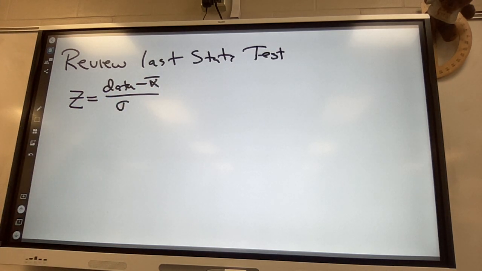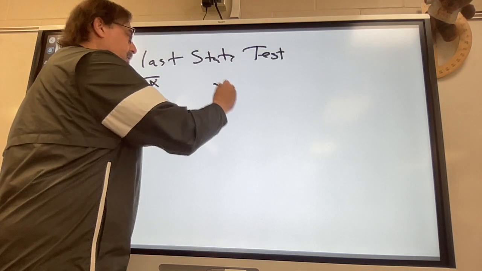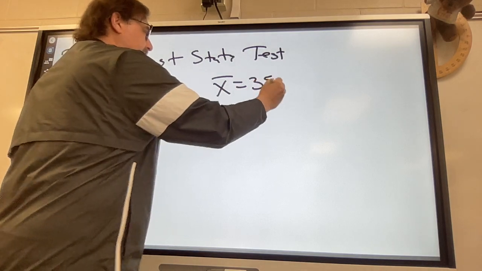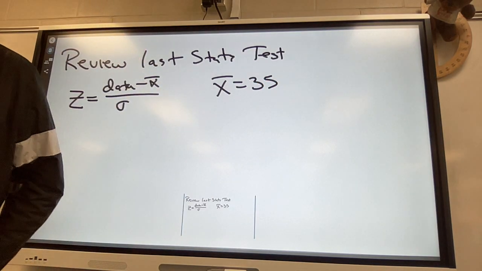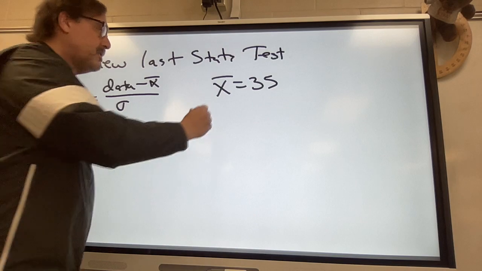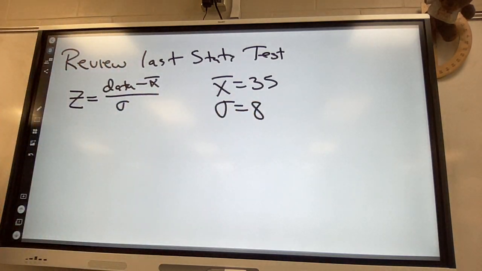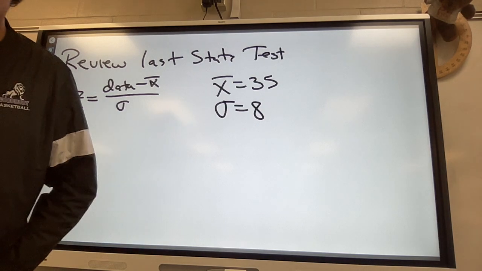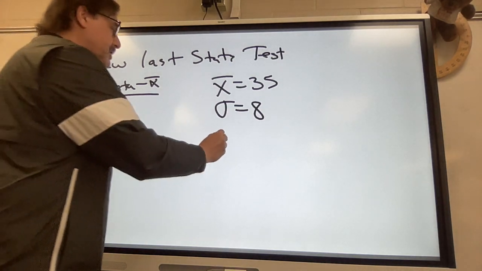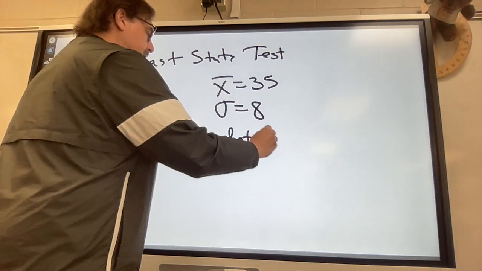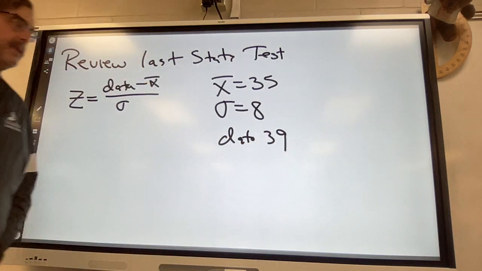All right. And the first kind of problem will simply be to find the z-score. And folks, that's easy given the formula. If I just make one up here, give you that the mean is 35, and the standard deviation is 8, and your data is 39.